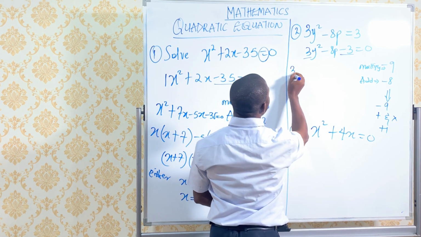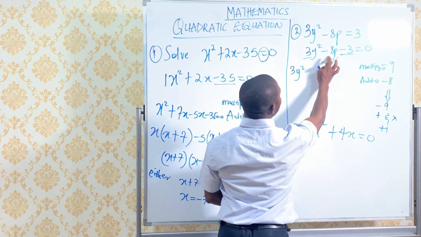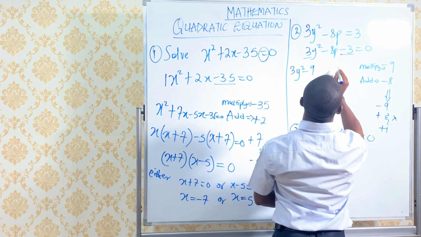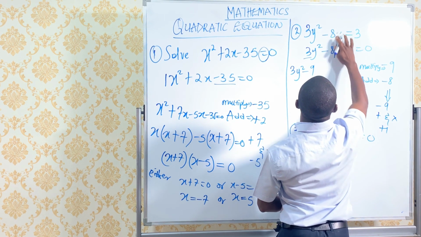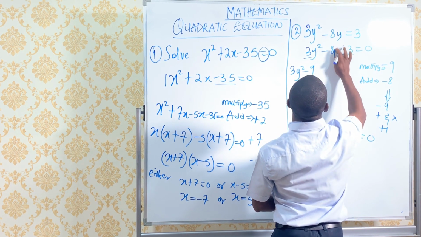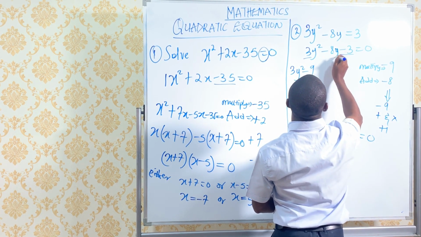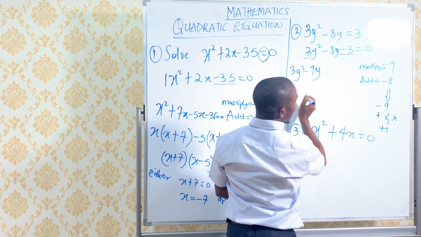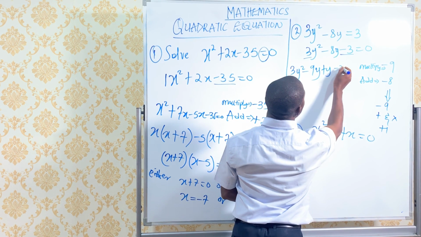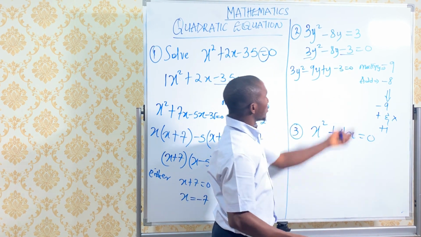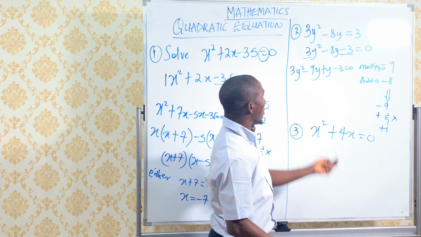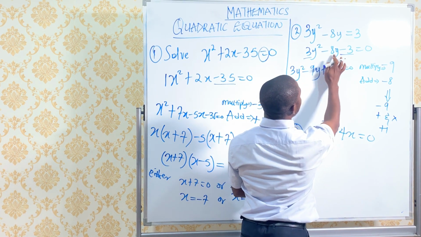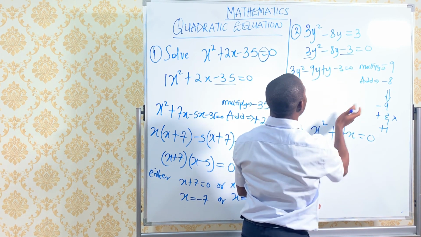So we are going to have 3y squared, instead of minus 8y, it's going to be minus 9y plus y minus 3 equals 0. It should be the same alphabet. Now, we have 3y squared minus 9y plus y, where y has replaced minus 8y, then minus 3 equals 0.